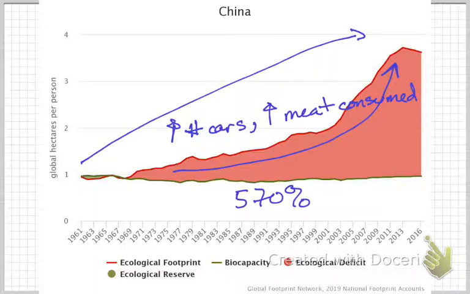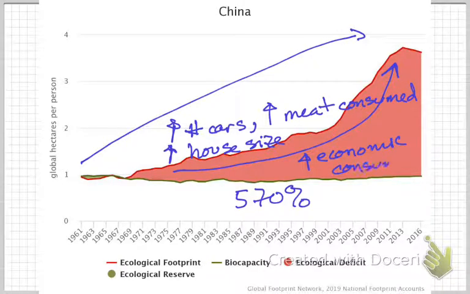They go from consuming mostly a plant-based diet to a more meat-based diet. You're increasing house sizes. You're increasing economic consumption, right? People can now afford to have more things, so they're buying more stuff. And of course, one of the other things that often comes along with this is an increase in energy use, which results in increases in the carbon footprint.